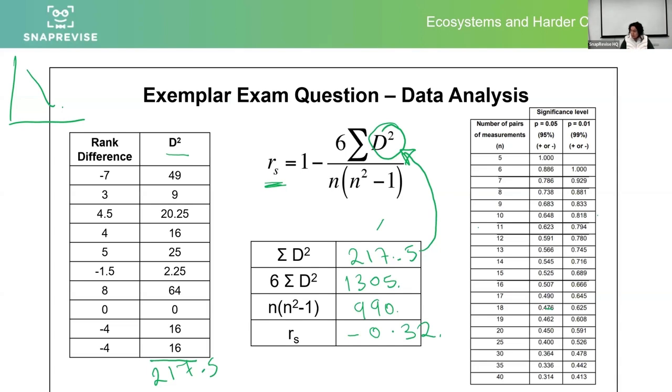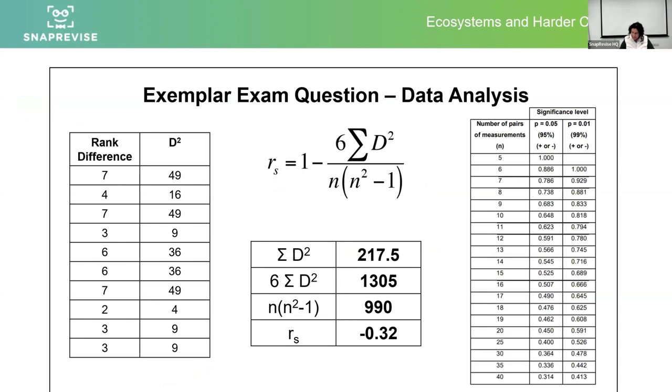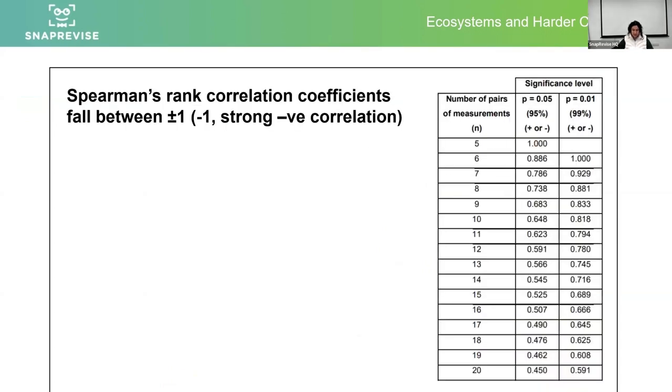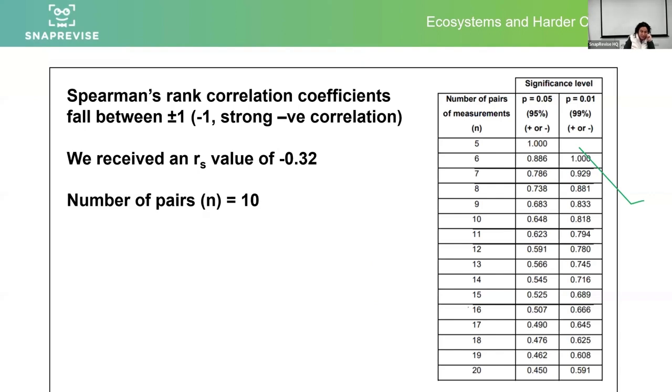What do I then do? I have to compare the value that I get with the critical value from a table. So we've got a value of minus 0.32. How do I find the critical value? By the number of pairs of measurements. I had 10 separate measurements.